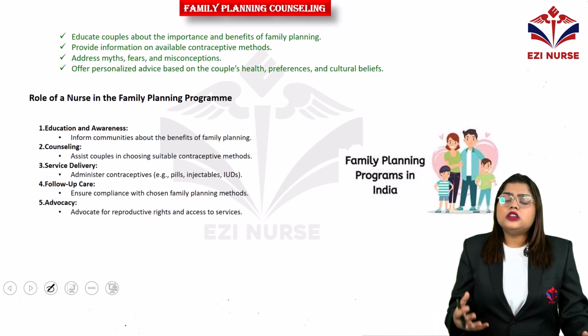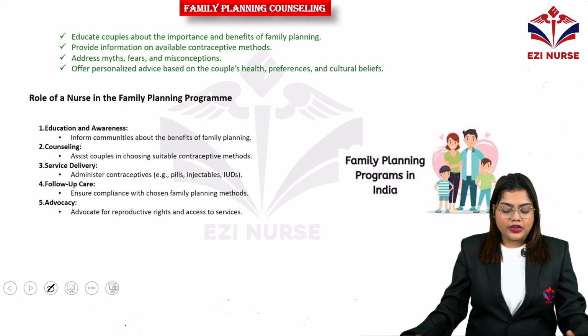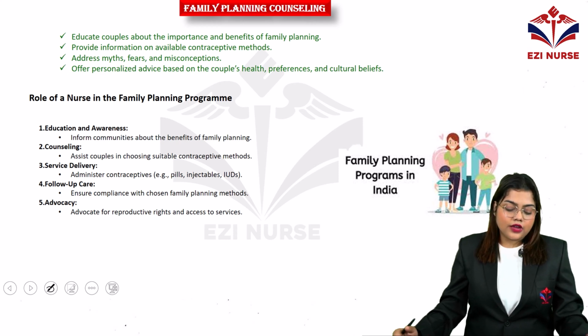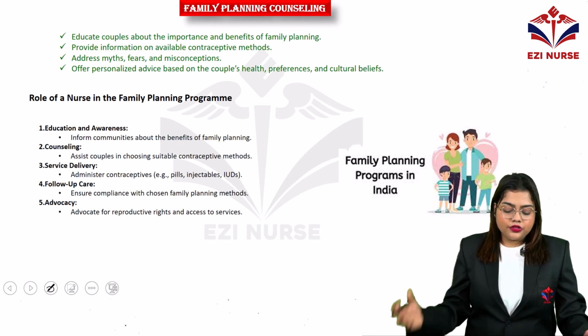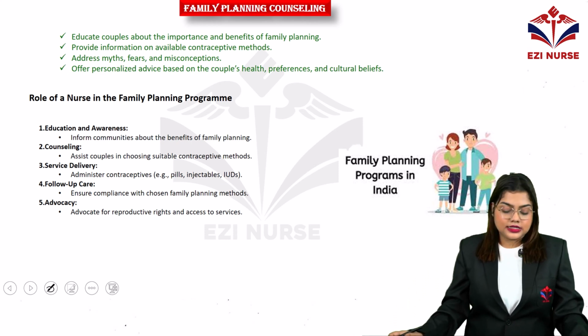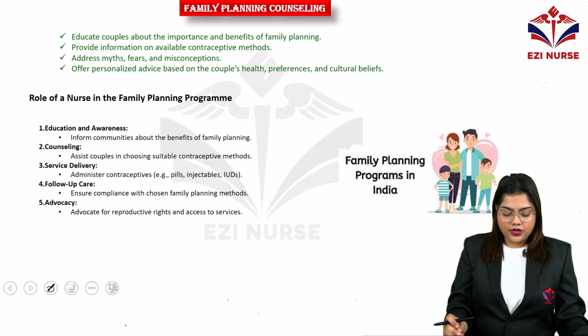As a nurse, what are the roles we have in the family planning program? First one is education and awareness. In that we have to inform the communities about the benefits of family planning. Then counseling, to assess the couple and choose the most suitable contraceptive method.